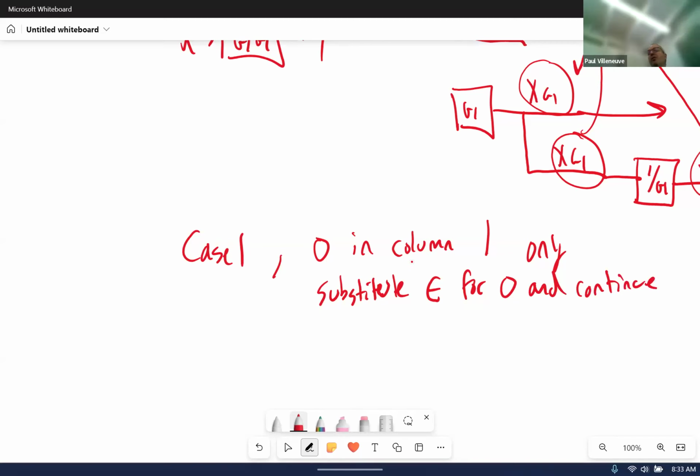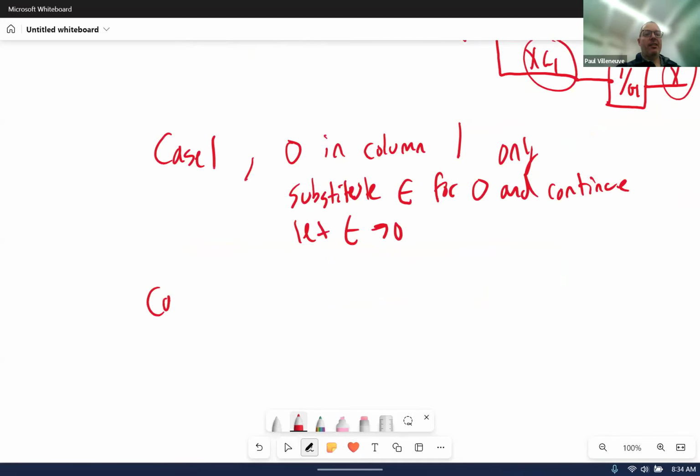You put your little epsilon in there, and then you continue all the way until you get to the end of the table. And then you let epsilon approach 0, and you check to see if you have any sign changes.